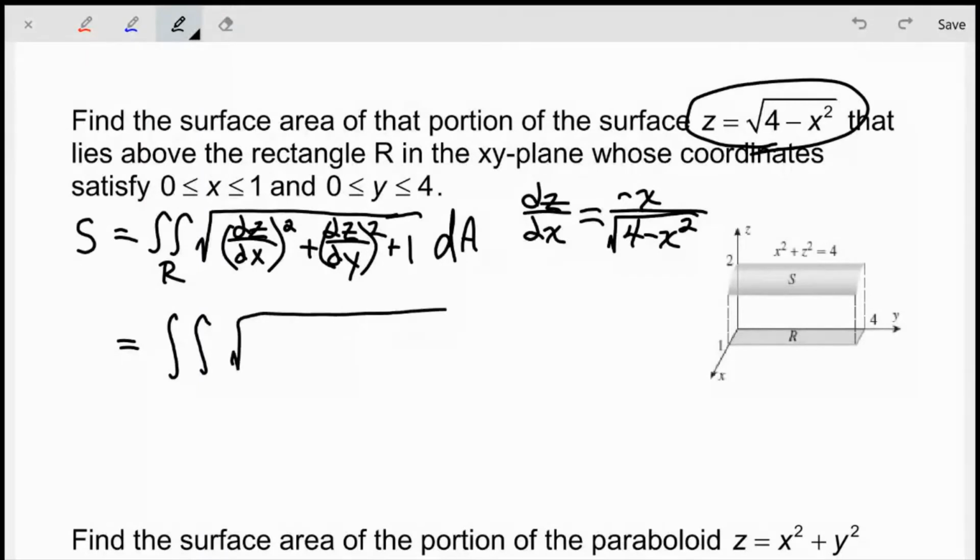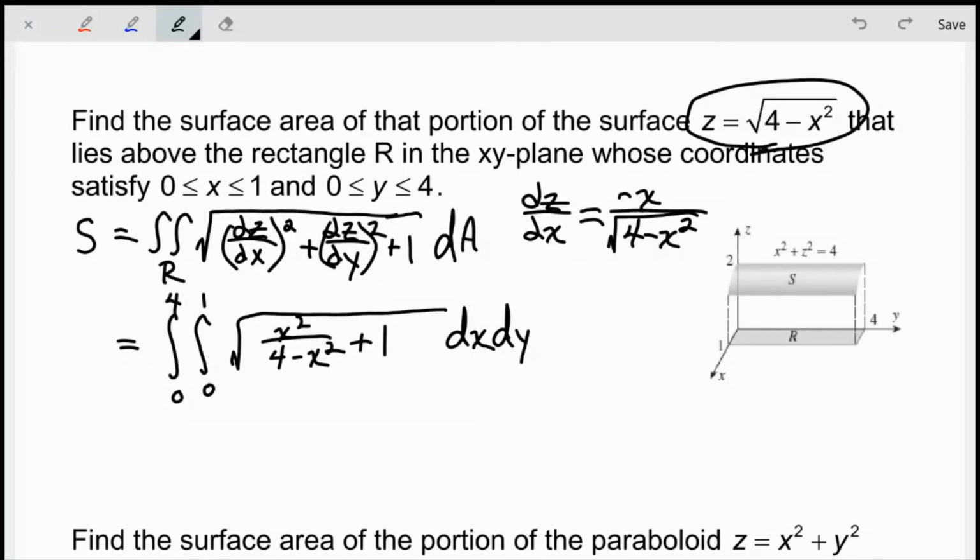I'm going to end up with the square root of, when I square del z del x, I'm going to get x squared over 4 minus x squared plus 1. And I'm going to do dx dy here. And in the x direction, I'm going from 0 to 1. In the y direction, I'm going from 0 to 4. And that would be my setup.